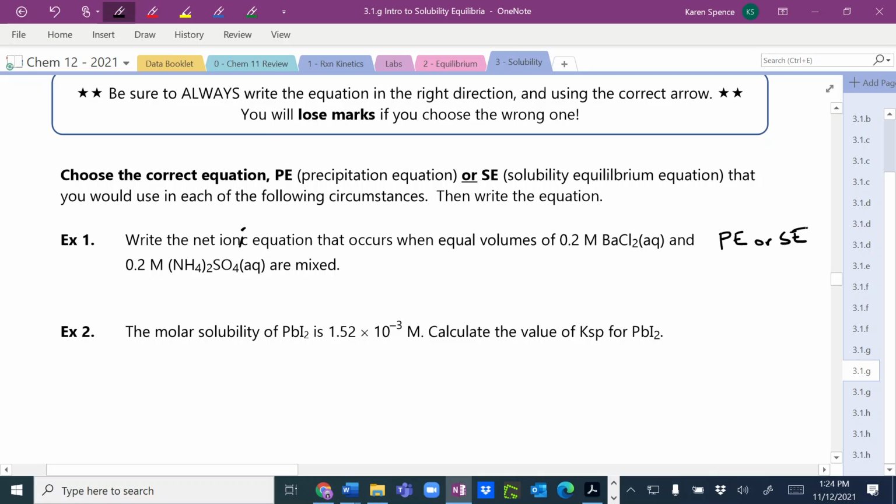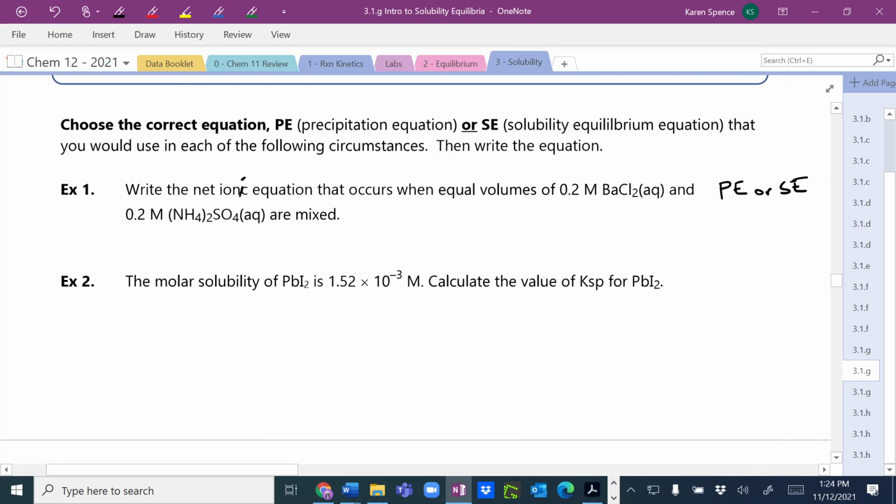Write the net ionic equation that occurs when equal volumes of 0.2 molar barium chloride and NH42SO4 are mixed. Tell your partner, do you think we will be using a precipitation equation or a solubility equilibrium equation?